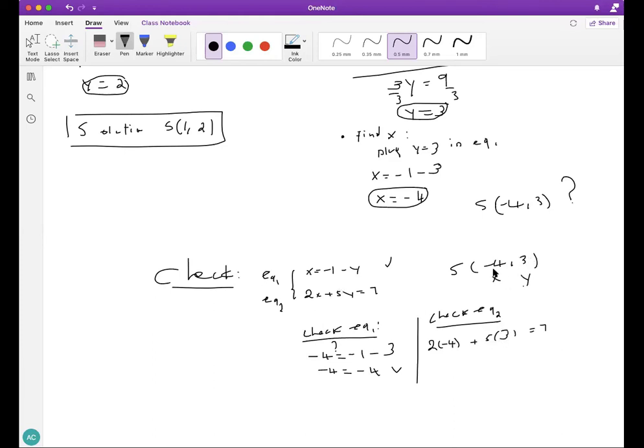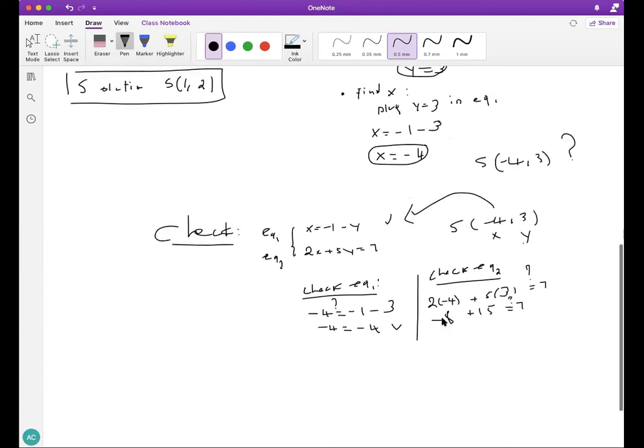So we're checking the solution, so we plug these into both equations. Is it equal to 7? We don't know yet, so this is -8 plus 15. And we say, is it equal to 7? What's -8 plus 15? -8 plus 15 is in fact 7, which is equal to this other side, 7.